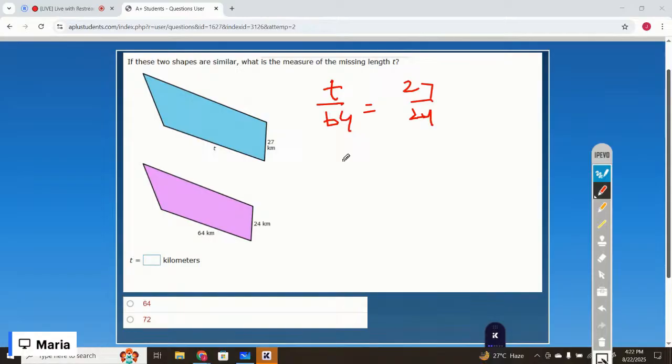So t equals 27 times 64. That is 72. Option number 2 is the correct option.